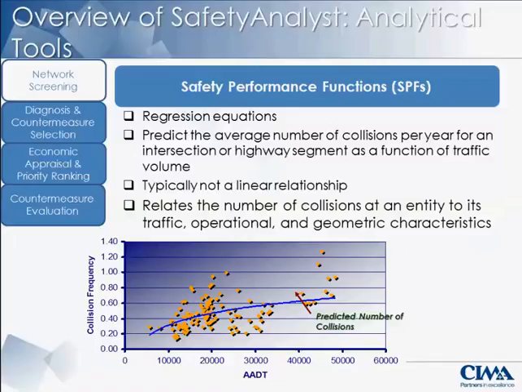So if you take a slice of collisions over here for that location and calculate the average, probably the average number of crashes will be here, all right? But if you wait for next year, it will come down in 2 years because of the regression to the mean phenomenon.